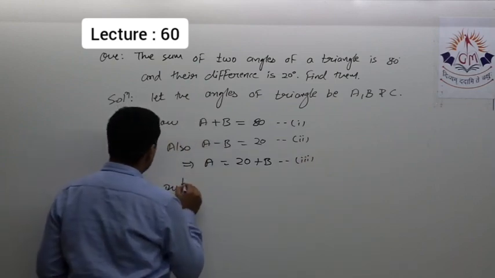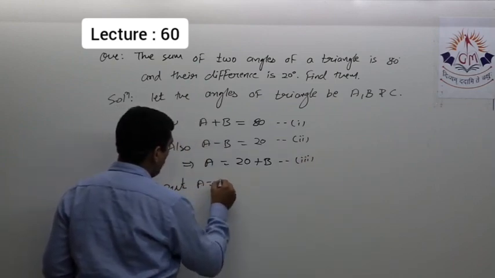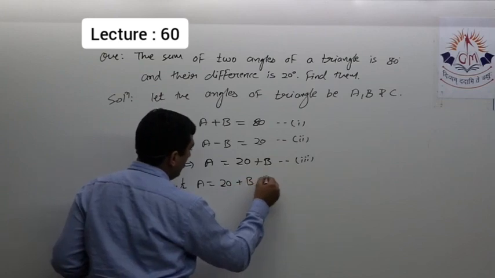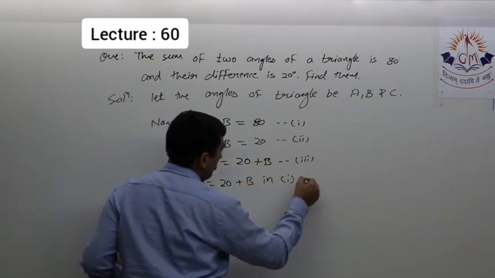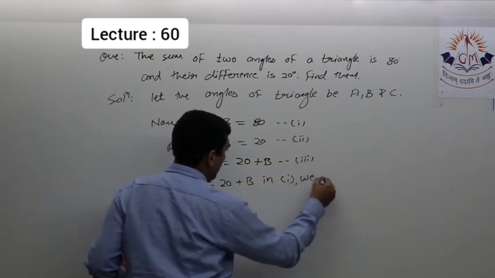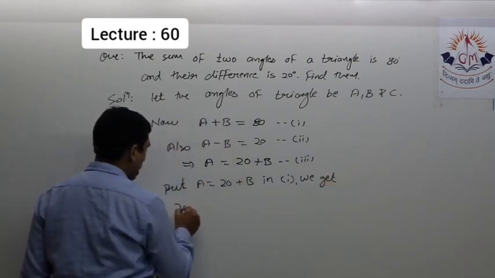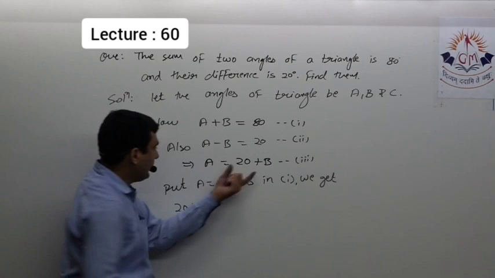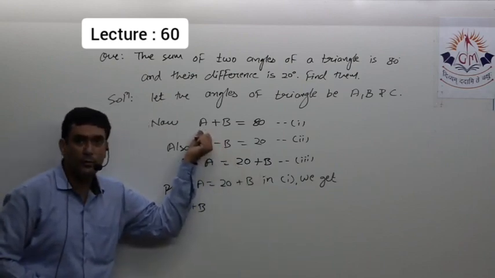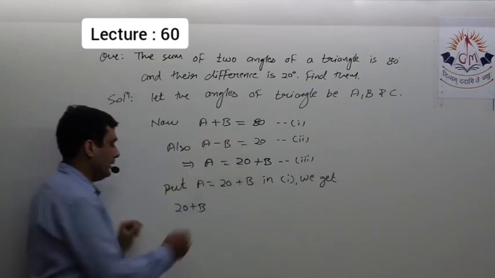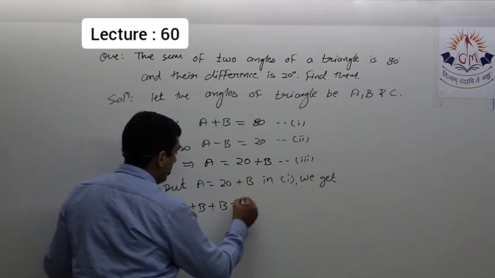Now put A equal to 20 plus B in first. So 20 plus B plus B is equal to 80.